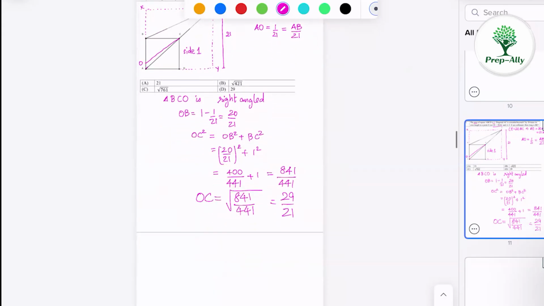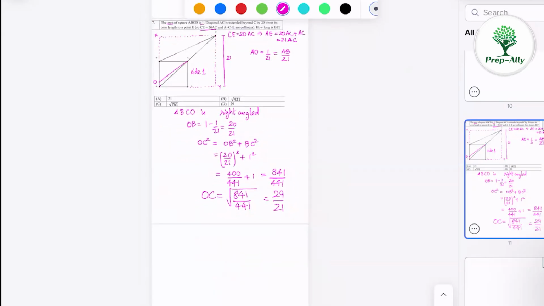Now, let's see triangle BAE. That is this triangle, right? And triangle OAC.